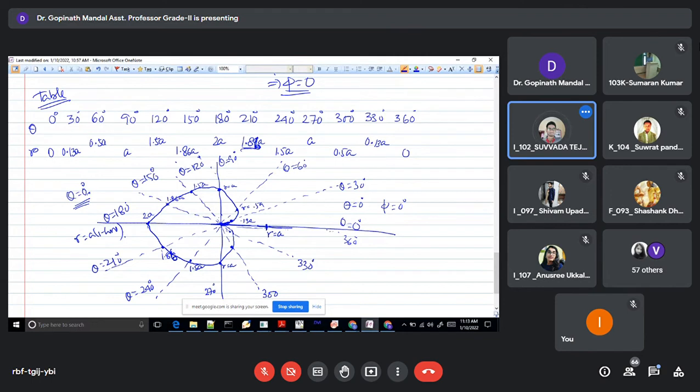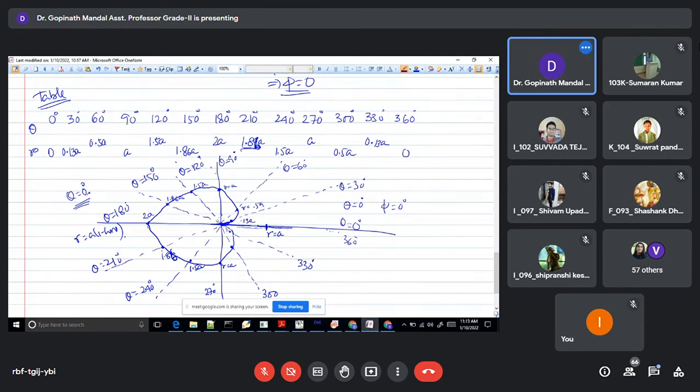Sir, what is pole? Pole is the origin, as in the Cartesian coordinate system.